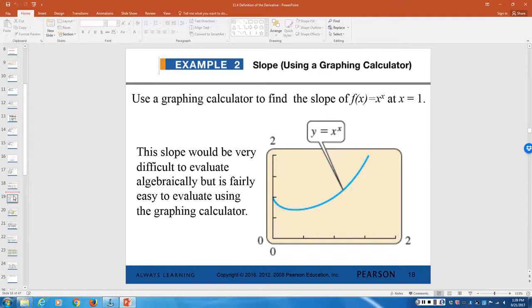I just don't have my... Are you sure that equation's right? Yeah, type it in, look at it, definitely.